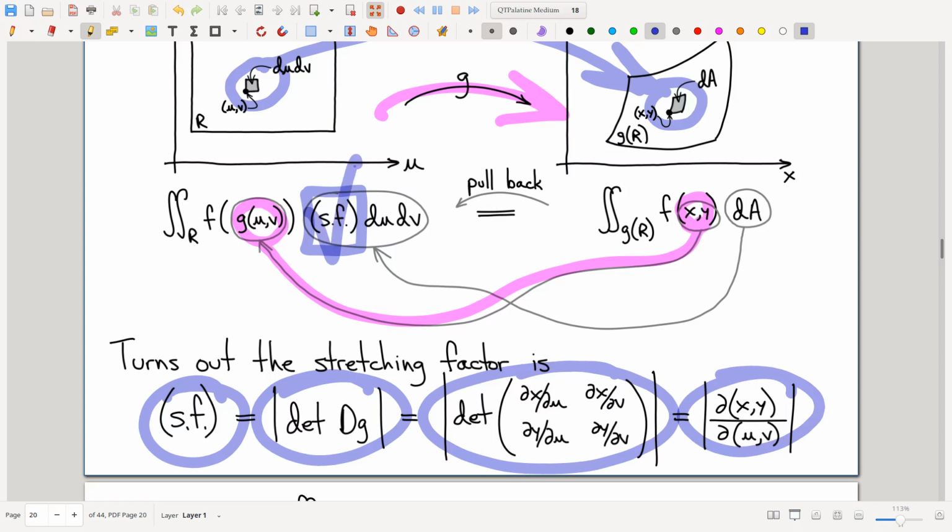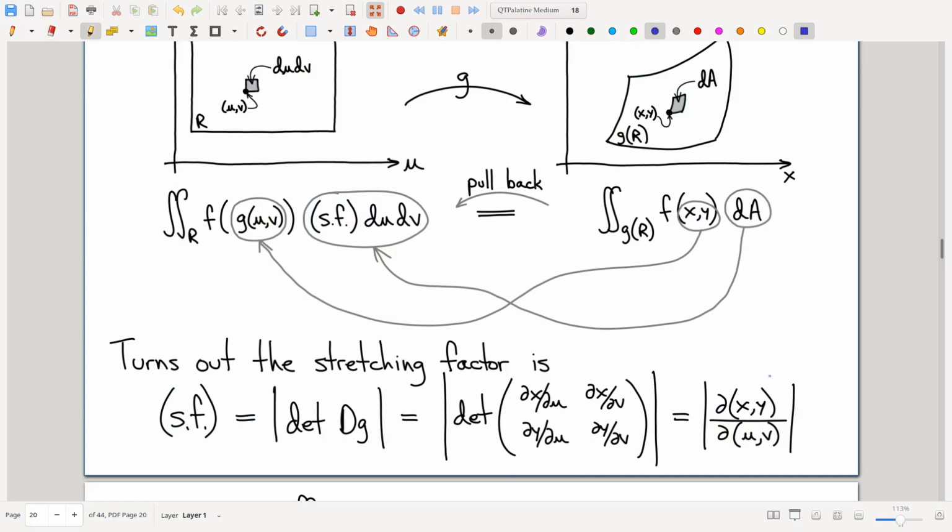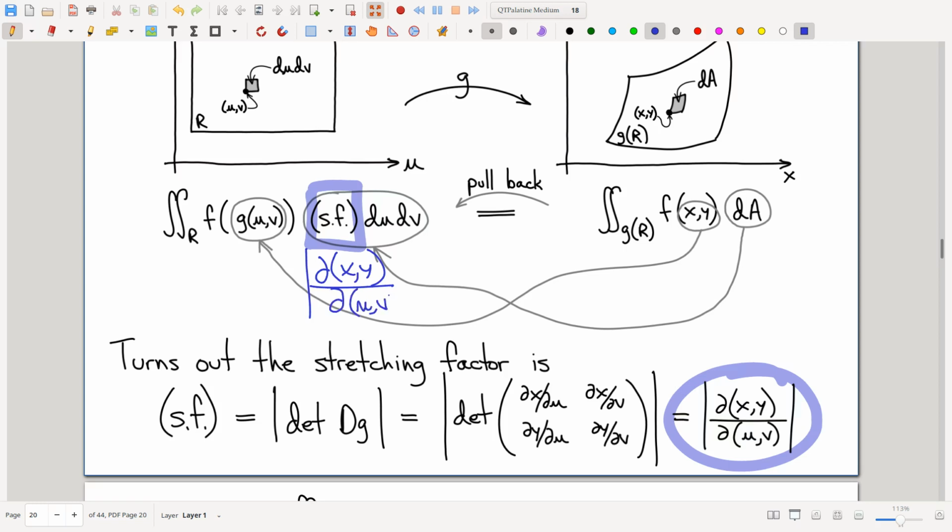Now, I think this is about where we left off last time, and I am going to try to motivate this notation just a little bit. I don't think I wrote this down last time. I think we ran out of time at the last second. I just want to point out why it's so convenient. Keeping in mind that that's what goes here, I'm just going to recopy it, partial xy, partial uv, that little notation.